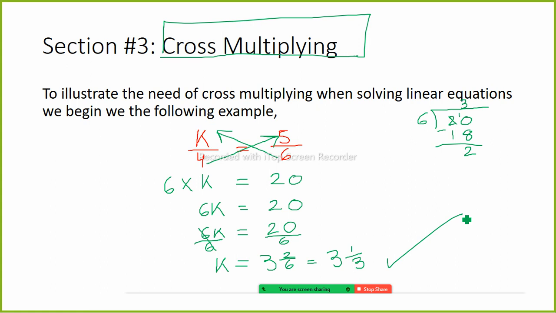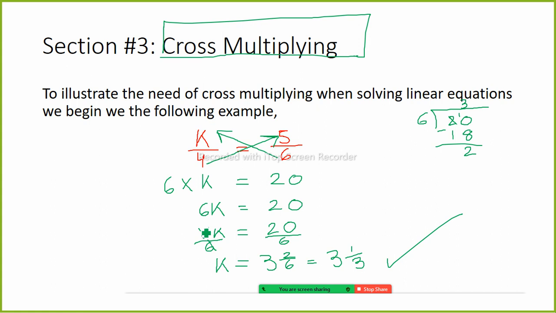So in order to figure out what k is, we had to what? Cross multiply. So we had to multiply the 6 by the k, multiply the 4 by the 5. Once we get that, we would have 6 times k, which gives us 6k. And then we have 6k equals 20.